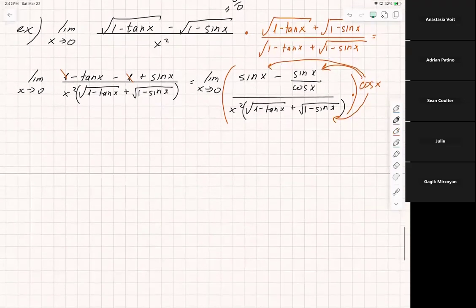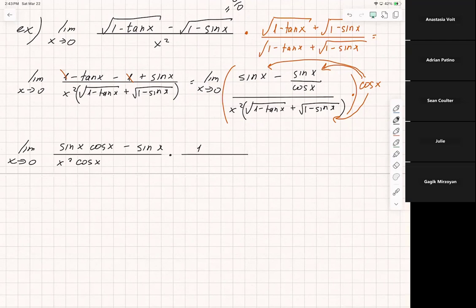Okay. So what I get is the limit as x approaches 0 of sine x cosine x minus, now cosine and cosine right here will be canceled, and I have minus sine x, and then my big denominator x squared cosine x. Let me actually separate it into two expressions, so times 1 over square root of (1 minus tangent x) plus square root of (1 minus sine x).